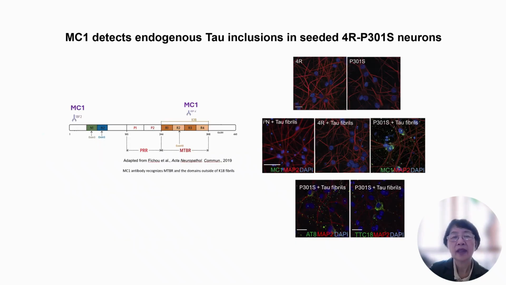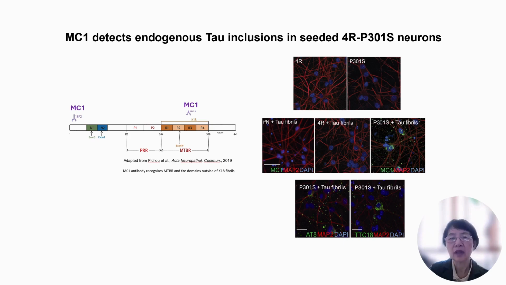Using the MC1 antibody, which recognizes a pathological conformation of tau protein, we were unable to detect any endogenous 4R tau inclusions in parental or 4R neurons seeded with K18 fibrils, but we did observe tau inclusions in 4R P301S neurons seeded with K18 fibrils.